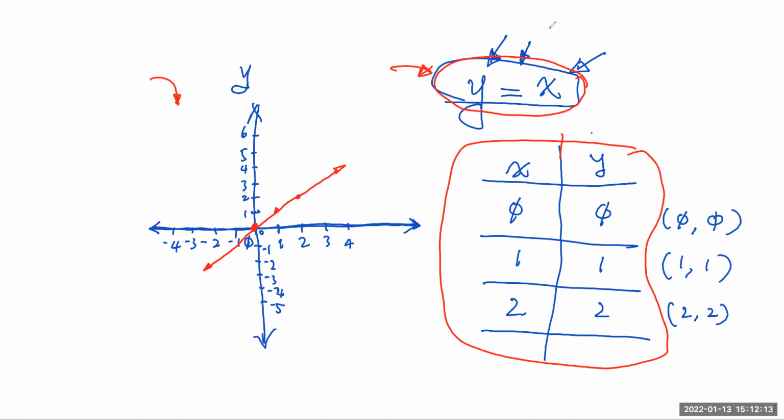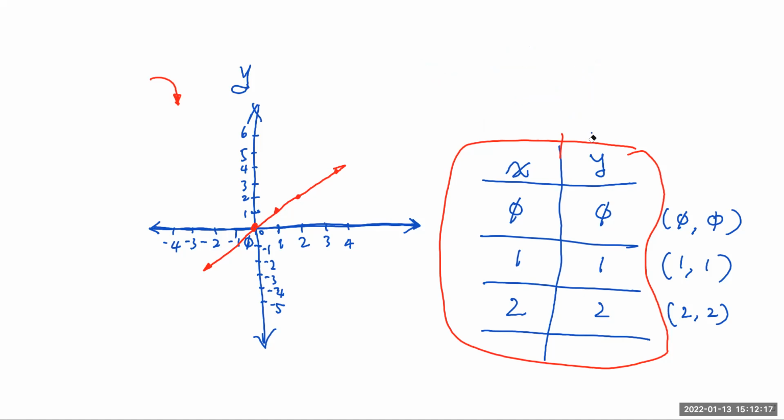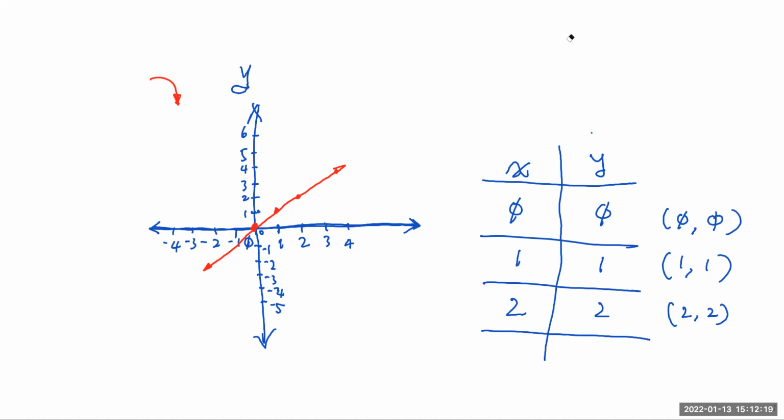Now, if we want to do something a little bit different, and have different lines, let me choose a different one: y equals 2x minus 1.